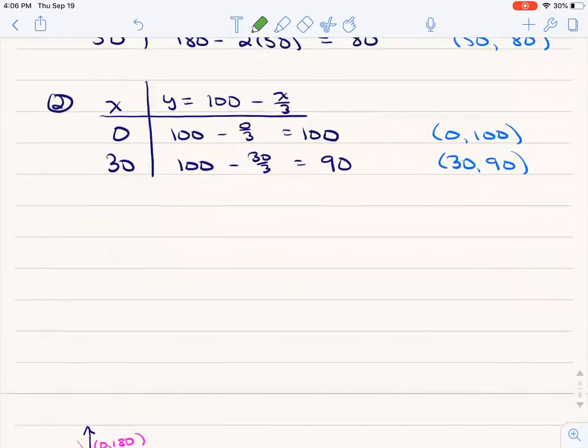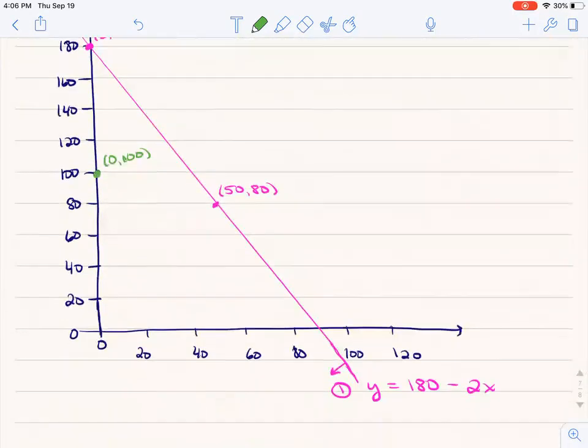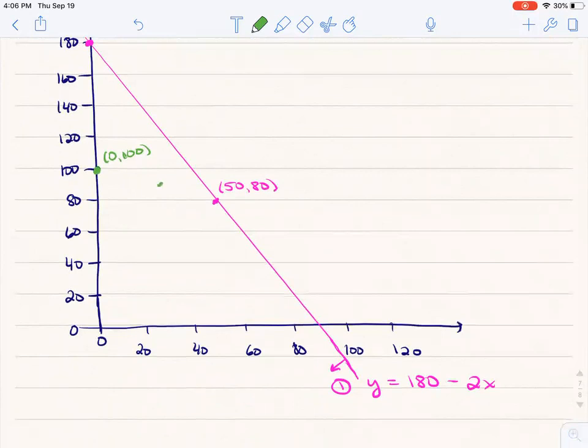And the next point is at 30, 90. So I've got 30 and 90 here somewhere. Okay. Got a little crowded in that corner, right? But they're separate lines, so we just keep them separate.